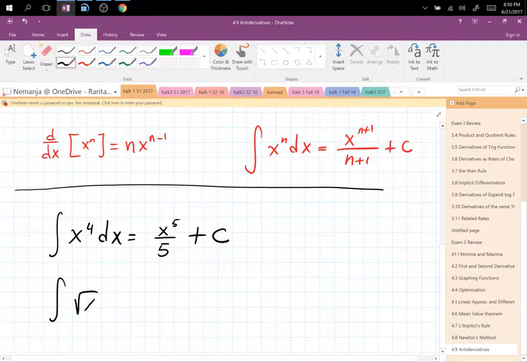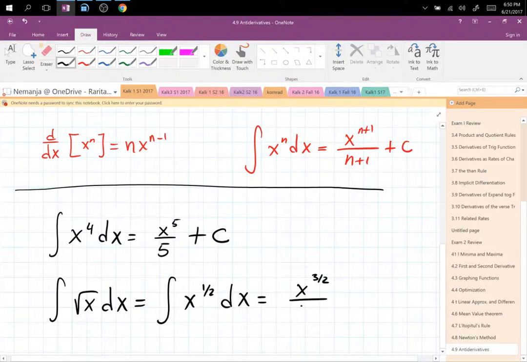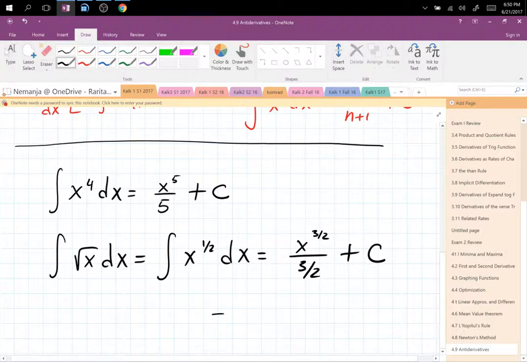Integral of square root of x dx. What should I do here? Nice. Make it x to the 1/2 and then unleash the formula. The formula says +1. How much is half plus 1? 3/2 plus c. And then we can fix this into 2/3 x to the 3/2 plus c. Nice.